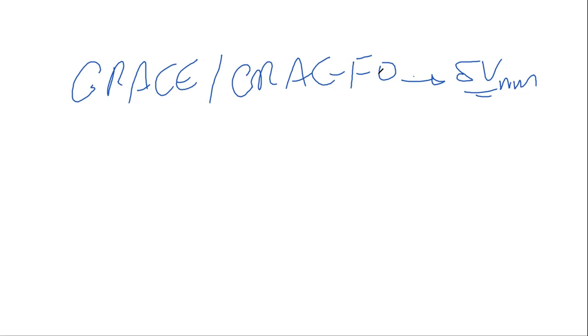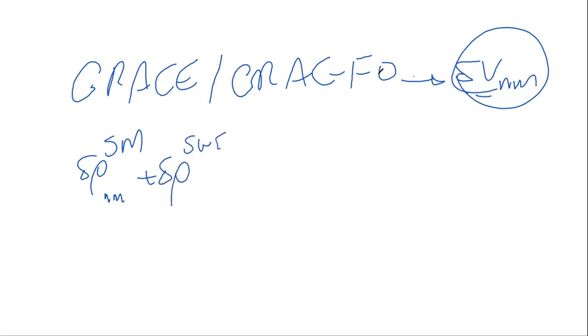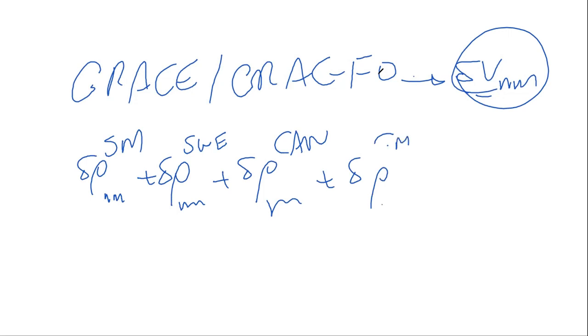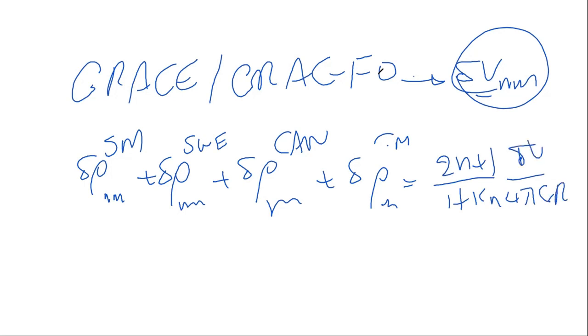And the formula that I have shown to you, if I want to solve it for delta V, if we consider this as unknown, therefore this density of soil moisture, you see harmonics of soil moisture, harmonics of snow water equivalent, plus harmonics of the canopy, plus harmonics of the groundwater storage will be, so if you remember 2n plus 1, then I have to solve this equation in that way, and 1 over 4 pi g r changes of VNM.